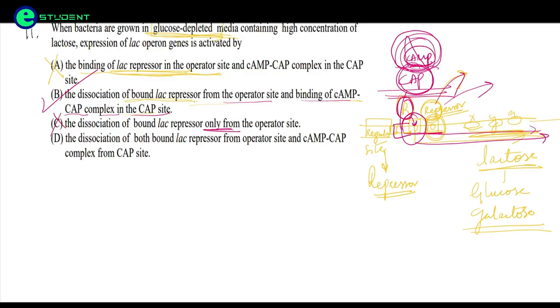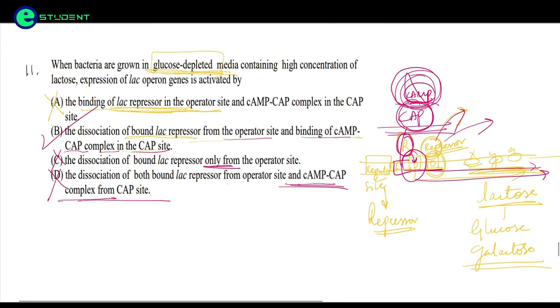The dissociation of both lac repressor from the operator site and CAP complex from the CAP site. No, this is the wrong option, because this should not be dissociated. This should actually be included. So this is a wrong option. So the correct option is the B option.